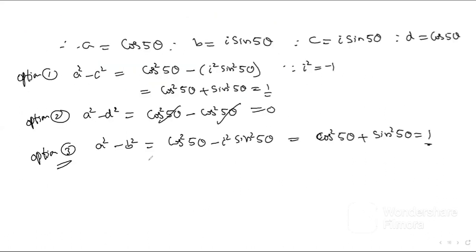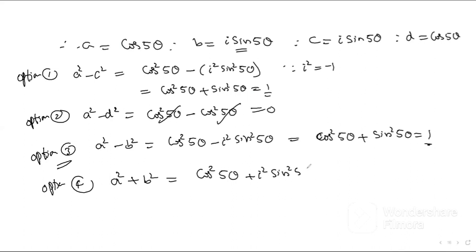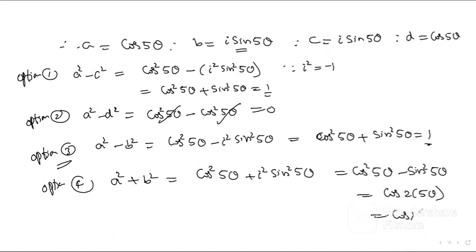Next, option number 4: a square plus b square. A square is cos square 5 theta, and b square is i square sin square 5 theta, so we get cos square 5 theta minus sin square 5 theta. This is the cos 2 theta formula, cos 2 into 5 theta, which is cos 10 theta.